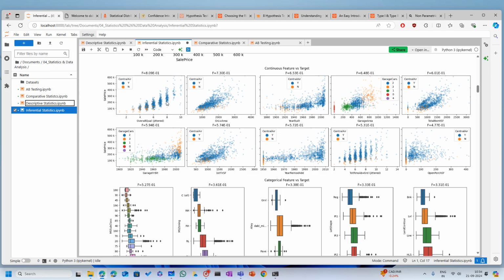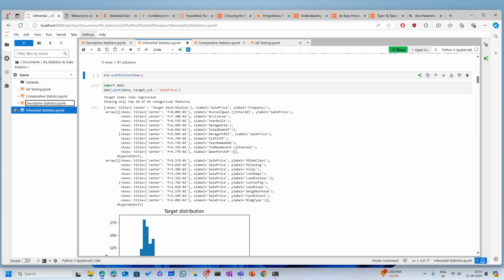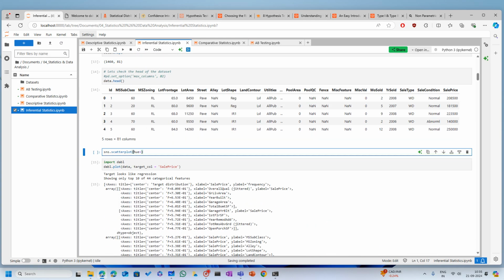So basically, x value, y value, and hue value. Correct, x value, y value, and hue value, that you can verify also if you want.